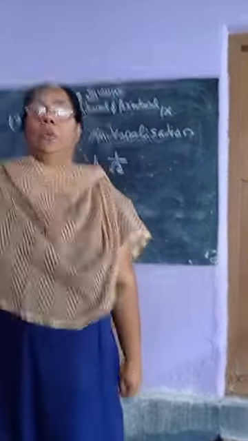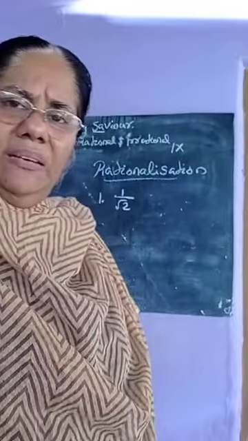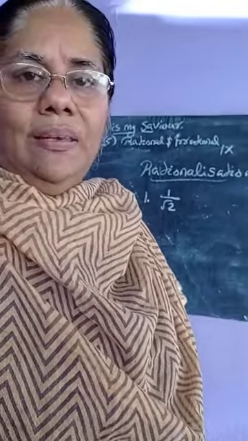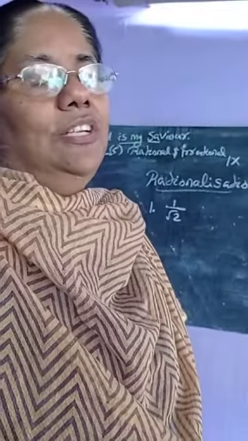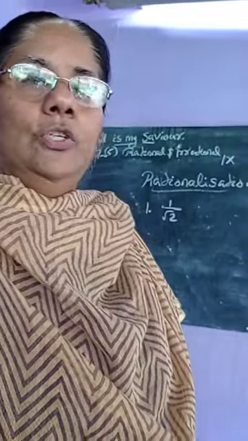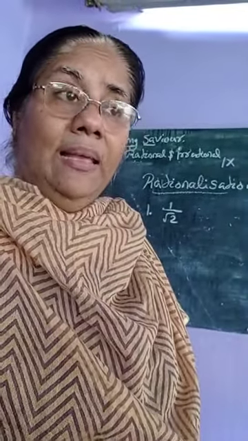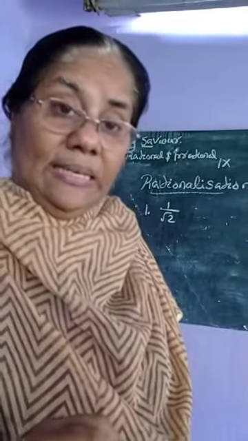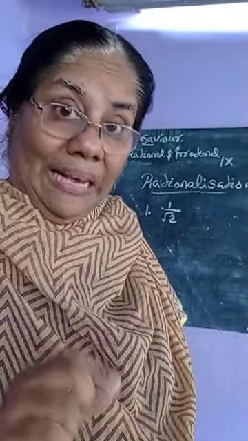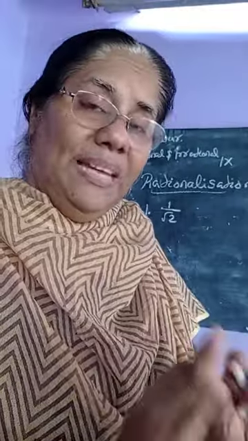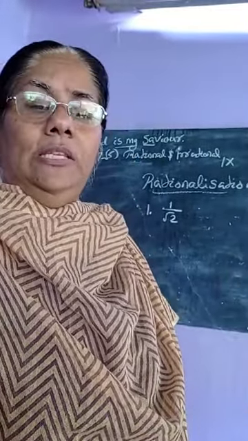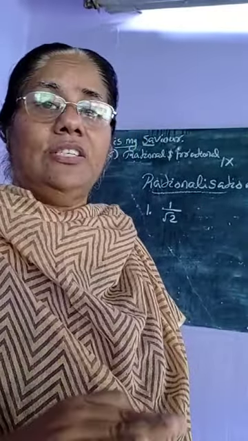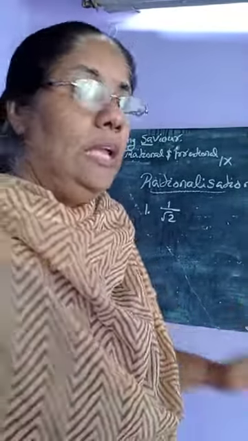Here, in this question, the denominator contains an irrational number. Our aim is to rationalize the denominator, means to cancel the irrational number from the denominator.